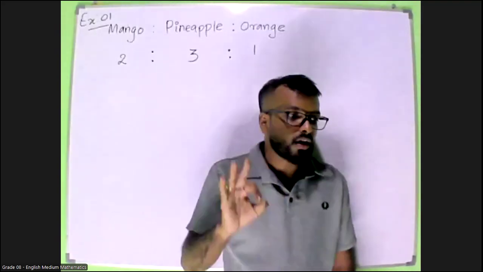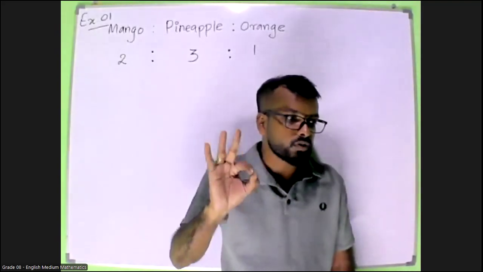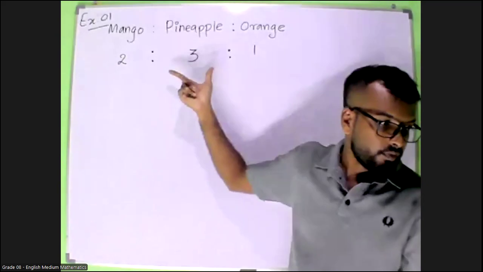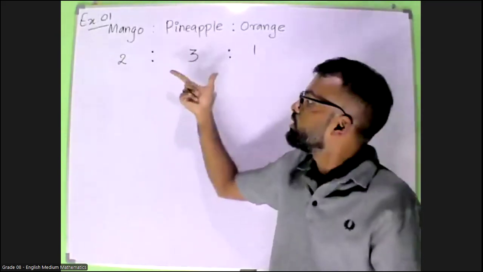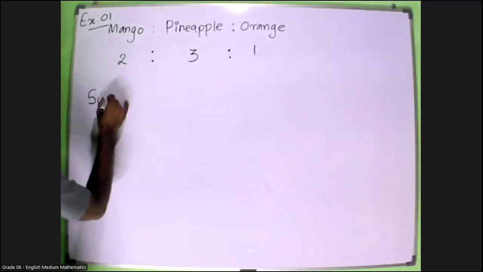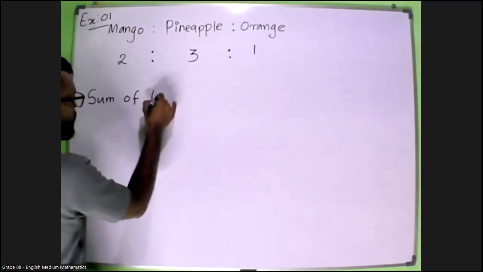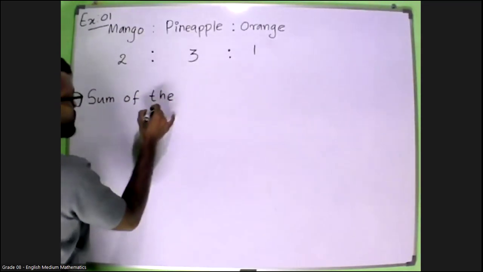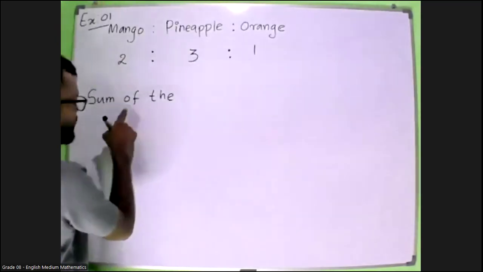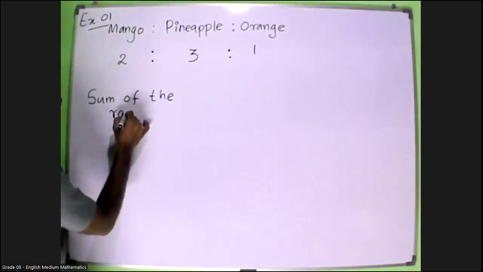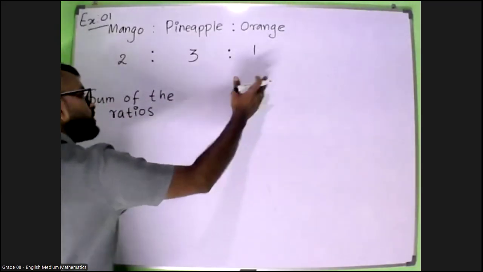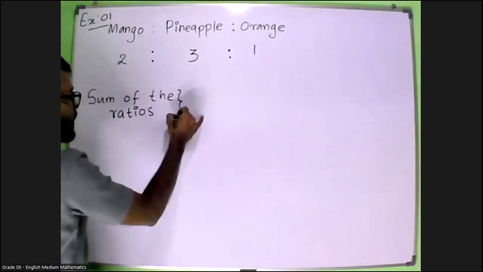So we are going to now write how to obtain the answer for this question, because we have to find the fraction of each type of juice in the drink. So these are the ratios, and we are going to get the sum of the ratio. This is the first thing that you need to do. Sum of the ratio, because I am going to write it under this. So you can write here ratio, at the same line.